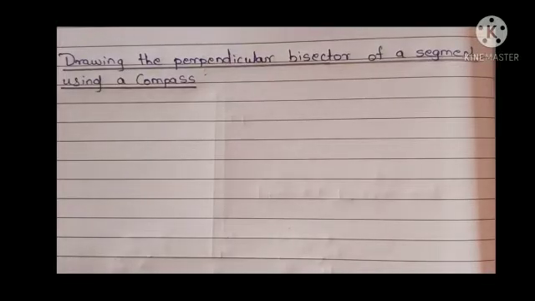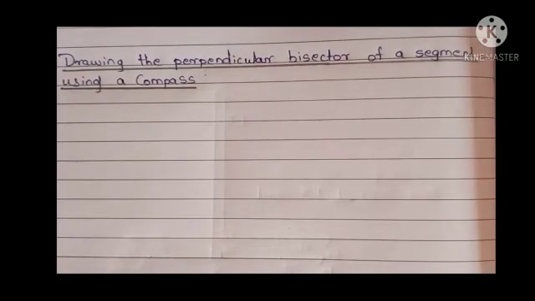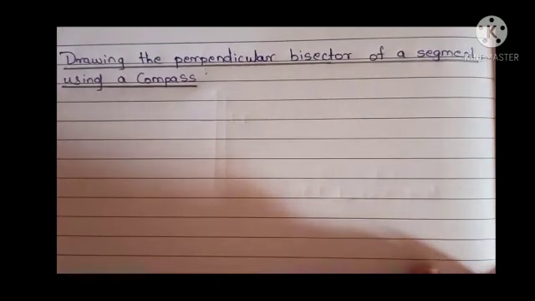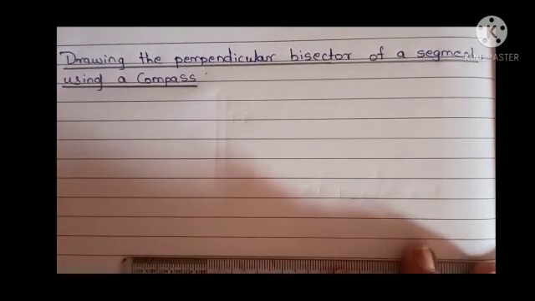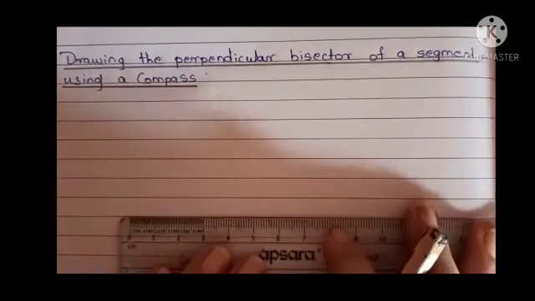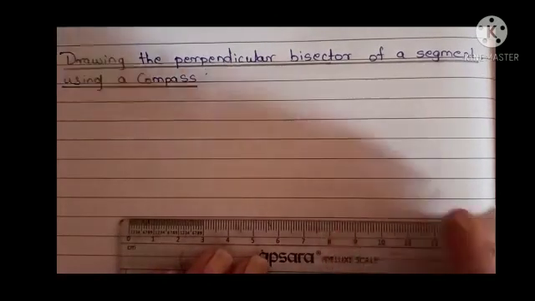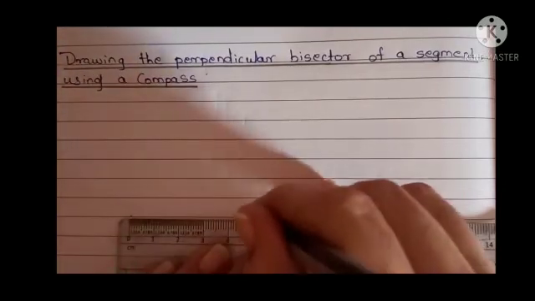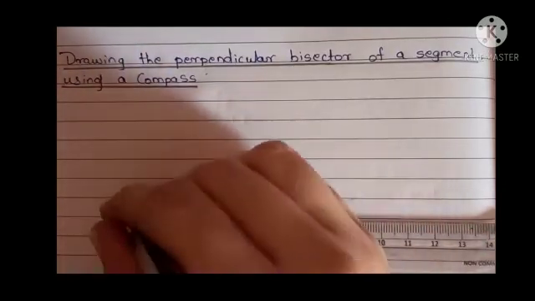Now we will learn drawing the perpendicular bisector of a segment using a compass. First, we will draw segment AB of any length. So let's take the length of line segment as 6 cm.